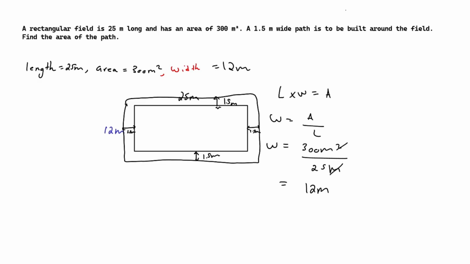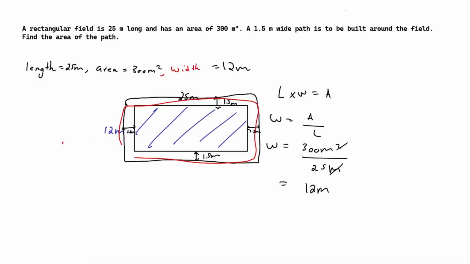Now the trick to this question is to actually find the total area of this entire shape, and then subtract 300 from it. So then we're going to be left with this path area, right?